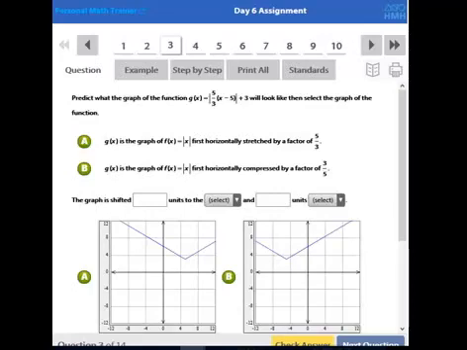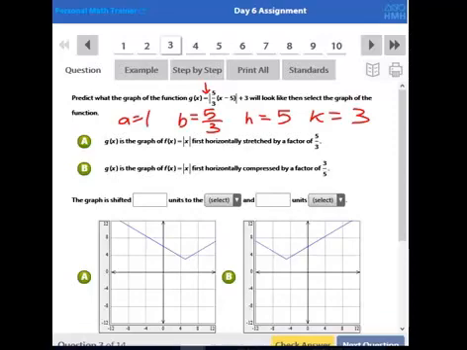Outside the absolute value is where a would go, and since we don't see a number, that means a is 1. B is going to be 5 over 3, because that's inside the absolute value, but it's still in front of the x. H, you've got to remember, even though it looks like h is negative 5, that negative is coming from the formula, so h is actually a positive 5, and k is 3.